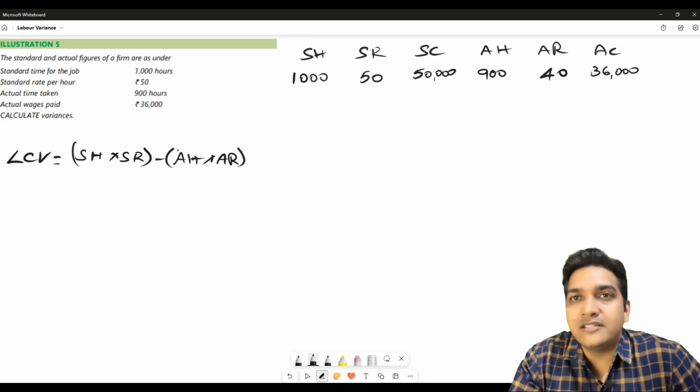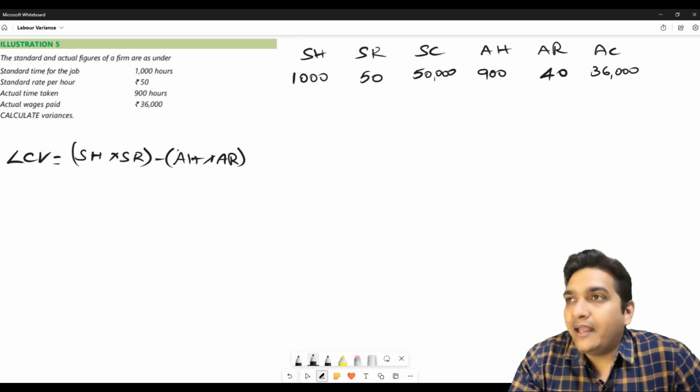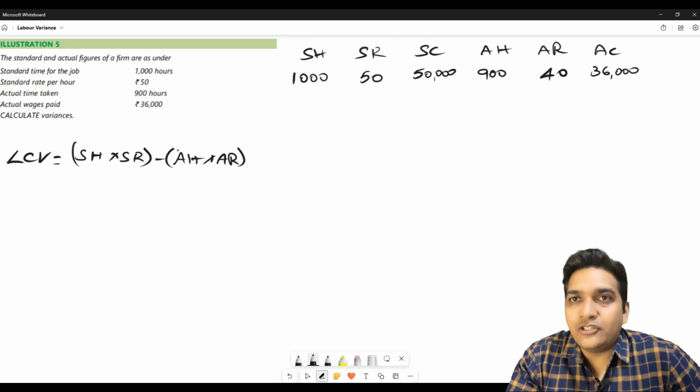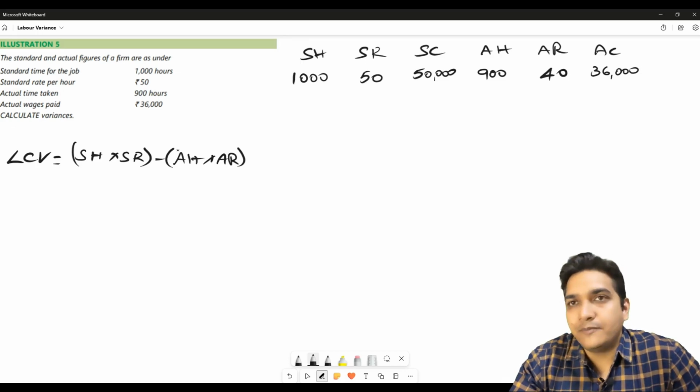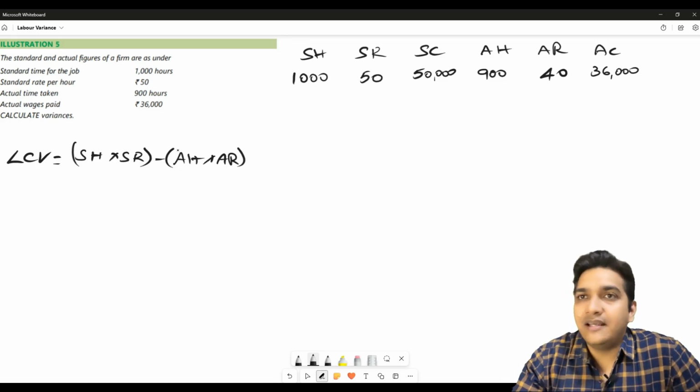However, when we discussed the formulas, I said that we have to take actual hours paid. In this question, the actual hours paid and actual hours worked are not specified. So if that is not specified, we consider actual hours worked and paid to be the same. Since there is no difference, we will not have idle time variance. So one variance is removed.